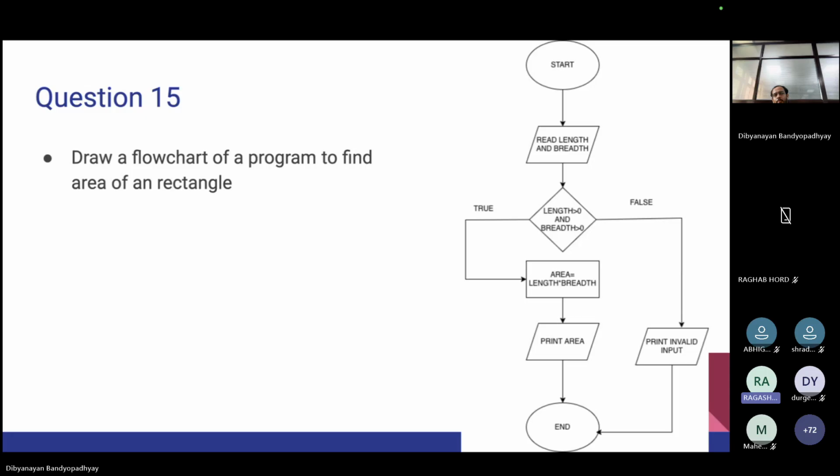We have to set up another variable and multiply the numbers, and then we'll print. Correct.